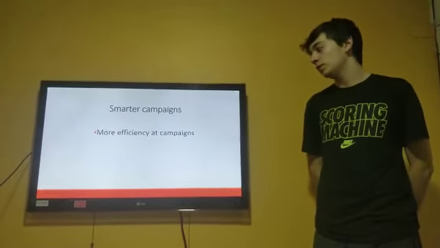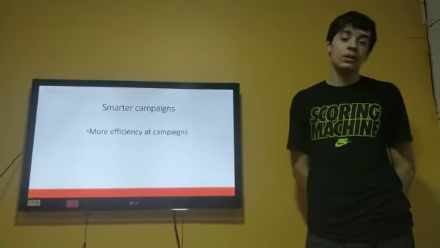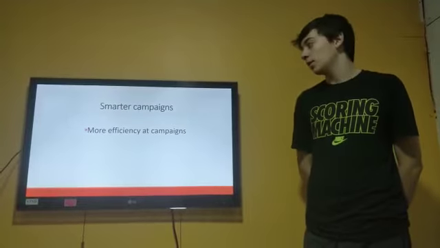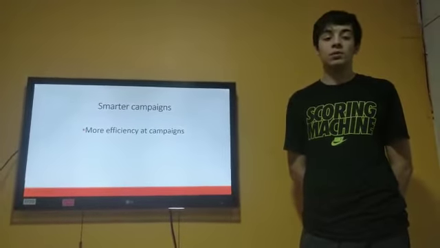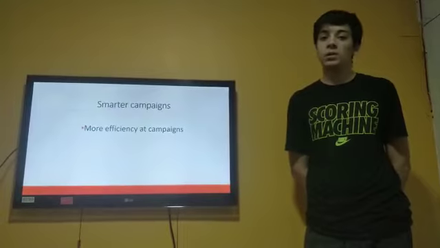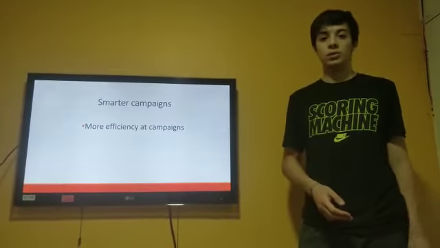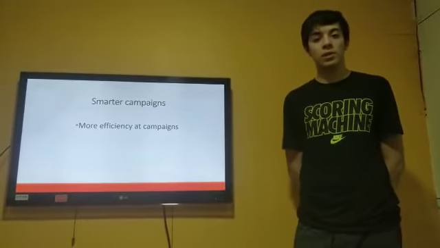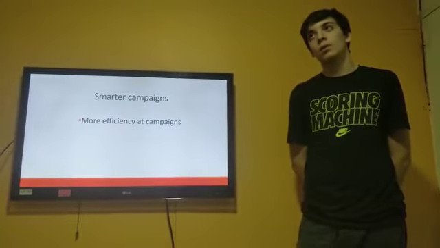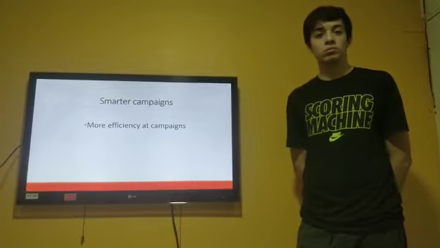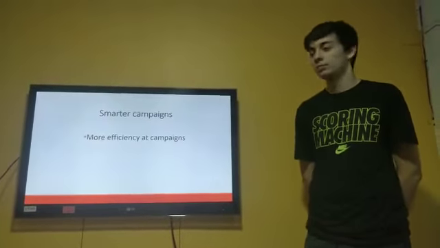This means more efficiency in campaigns. With this, I'm trying to say that with all the data that we have of all the voters of the world, we can try to find a better way of searching votes that the candidates are using.